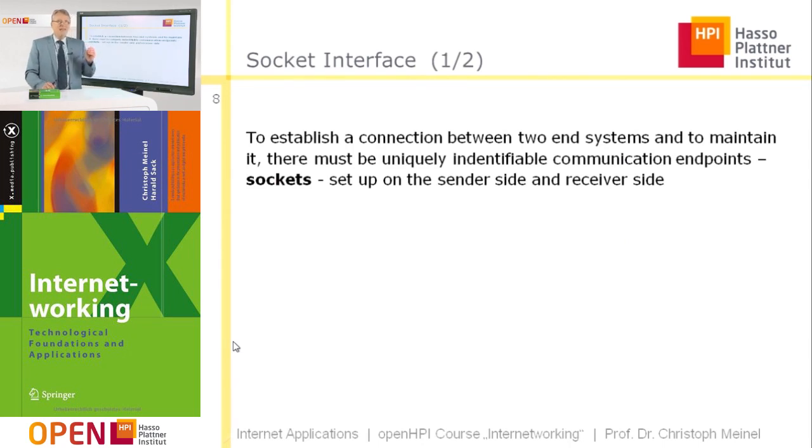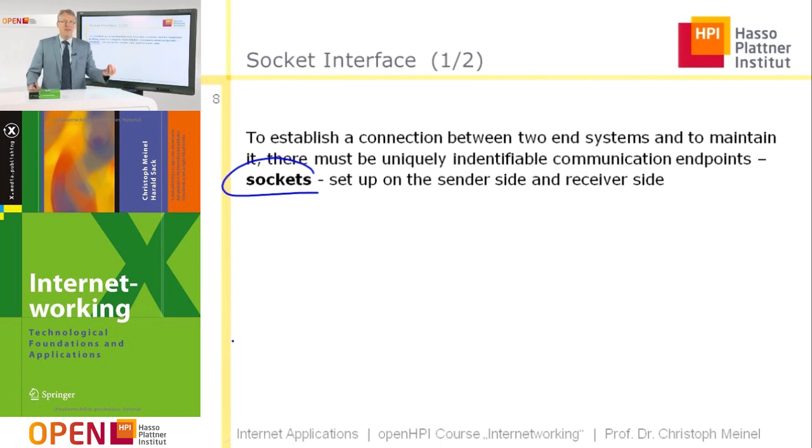So the question is how the application can interact, can hand over data to the internet protocol software. We already discussed, when we talked about TCP, the endpoints of the communication, and these are the so-called sockets.